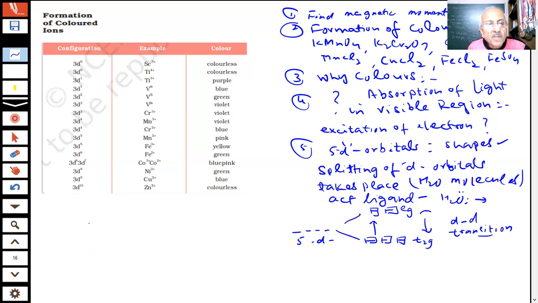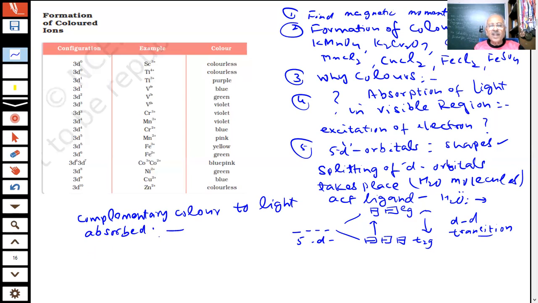So what will you observe? The complementary color to the light absorbed. And the condition is very clear now.